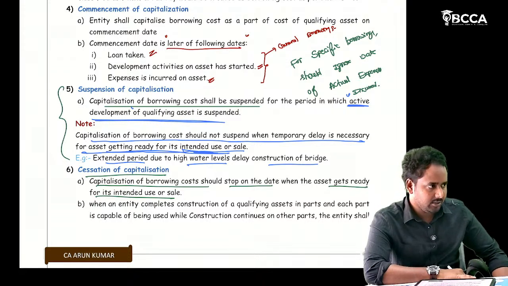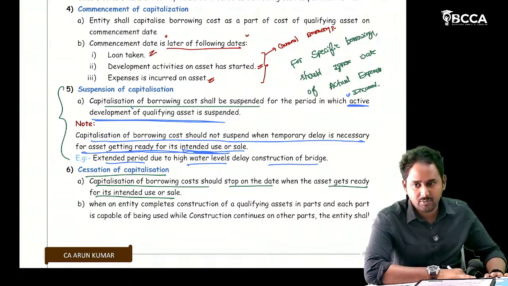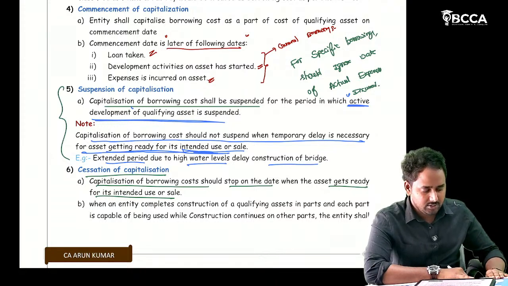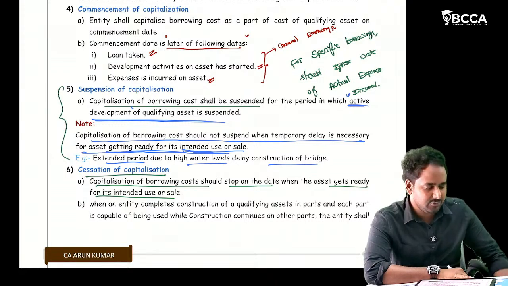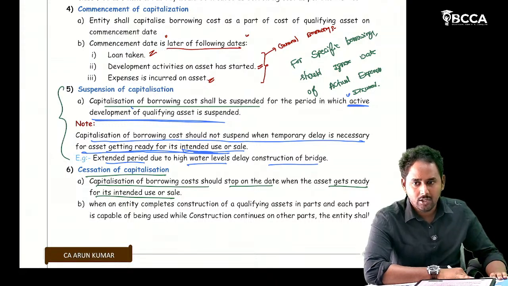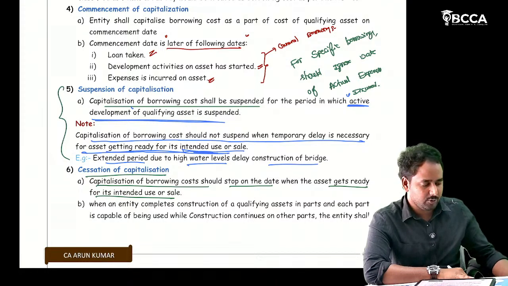Then after that, I have stopped the construction of the bridge because there is a high water level, again for 4 months. But this 4 months interest should be added to the cost of the asset because this stoppage is not because of other reasons.